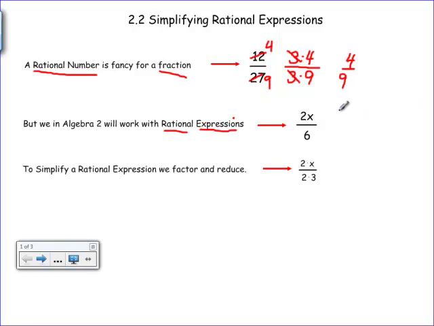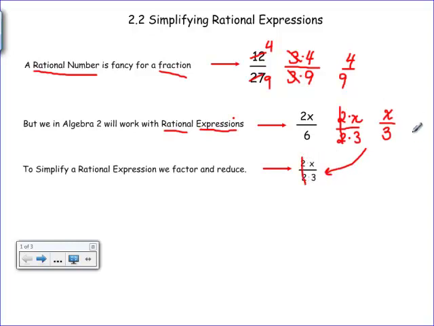So if I wanted to reduce this, I'm going to use that same factoring form up above. 2 times x is how I get 2x, and 2 times 3 is how I get 6. I cross off what's a common factor, and I get x over 3.